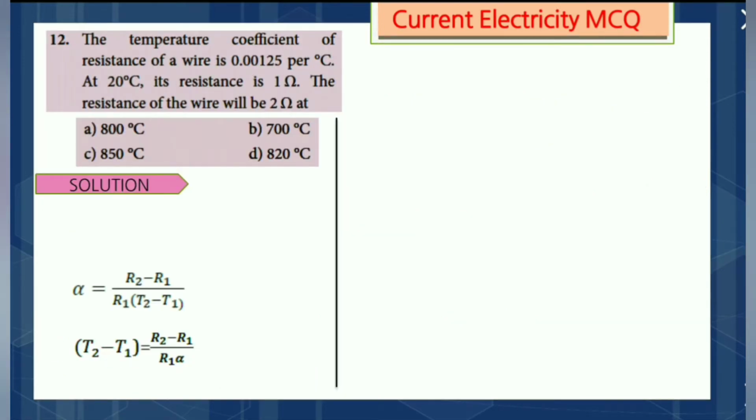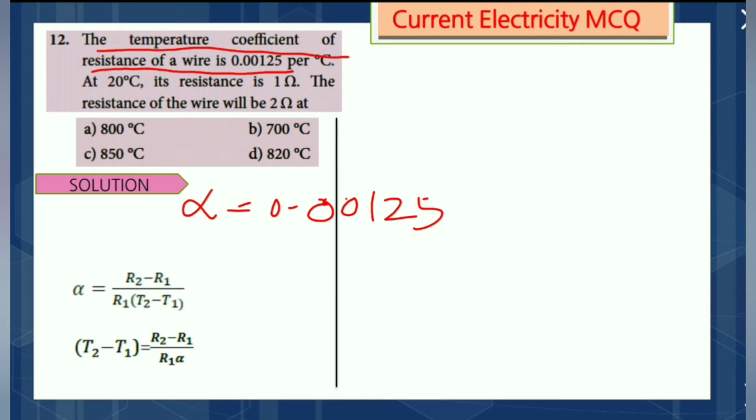Question number 12. The temperature coefficient of resistance of the wire is this one. So the value of alpha is equal to 0.00125 per degree Celsius. At 20 degree Celsius, the resistance will be 1 ohm.